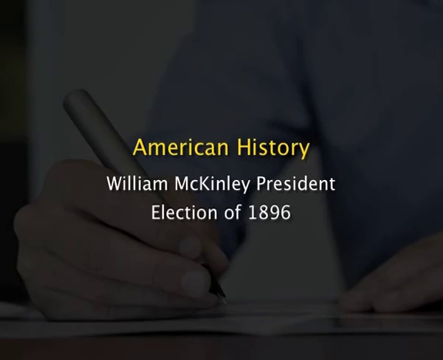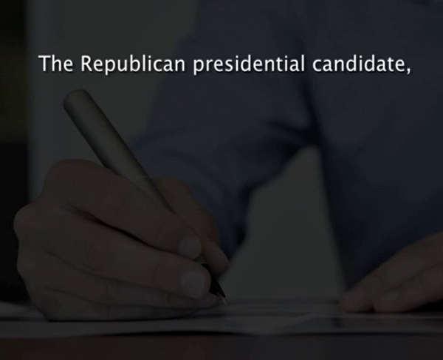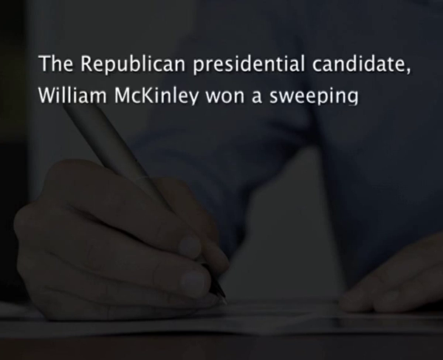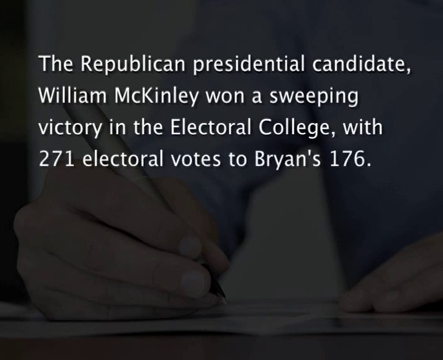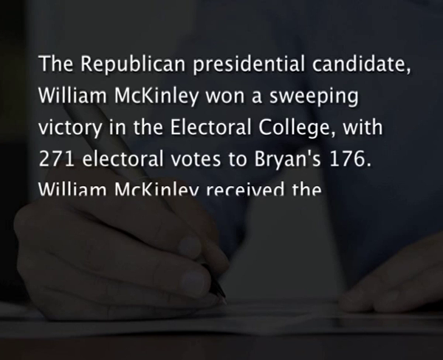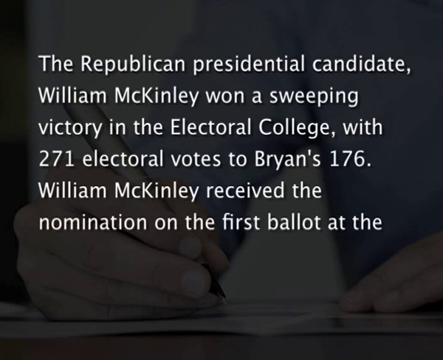The other topic is American history: William McKinley, presidential election of 1896, and the thesis statement for this is: the Republican presidential candidate William McKinley won a sweeping victory in the Electoral College with 271 electoral votes to Bryan's 176.